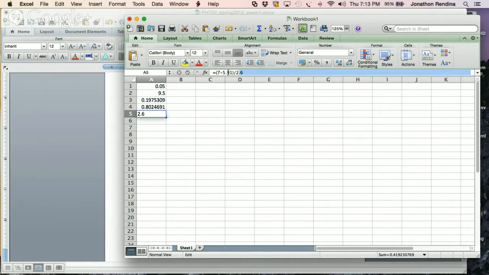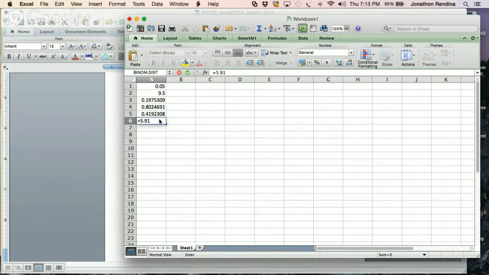So 8.11 is just 5.91 plus 2.6. 8.51, sorry about that. So 8.51 is exactly 1. The z-score for 8.51 would be 1 because 8.51 is exactly 1 standard deviation above the mean.